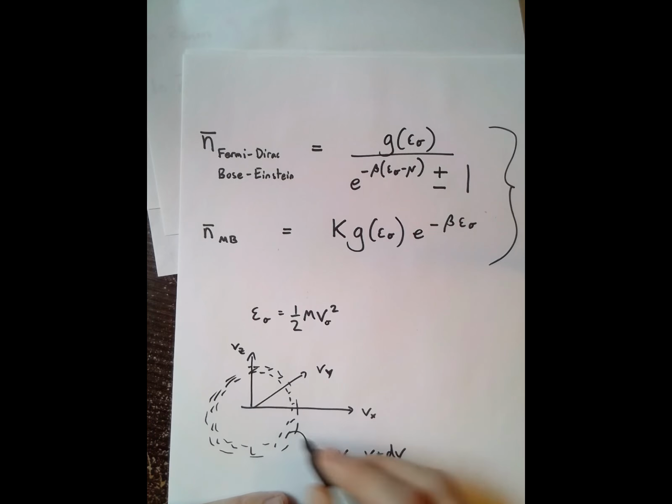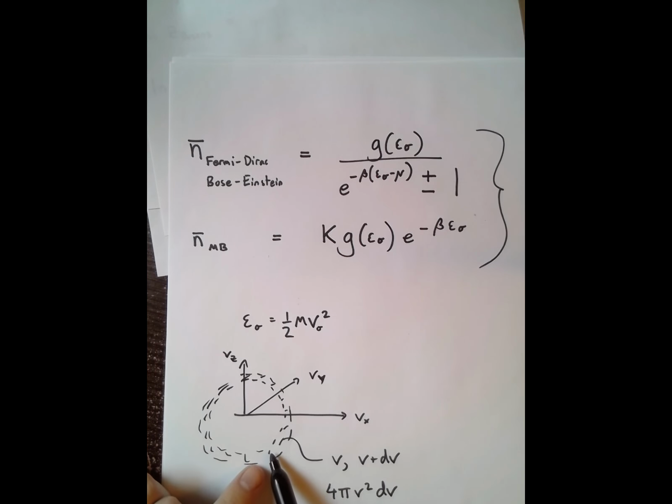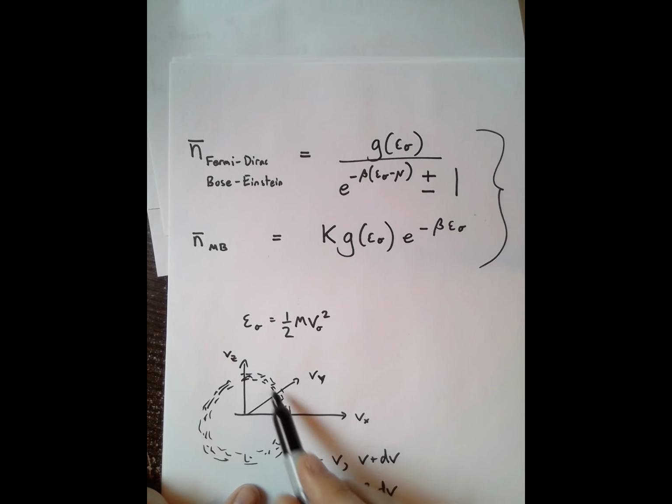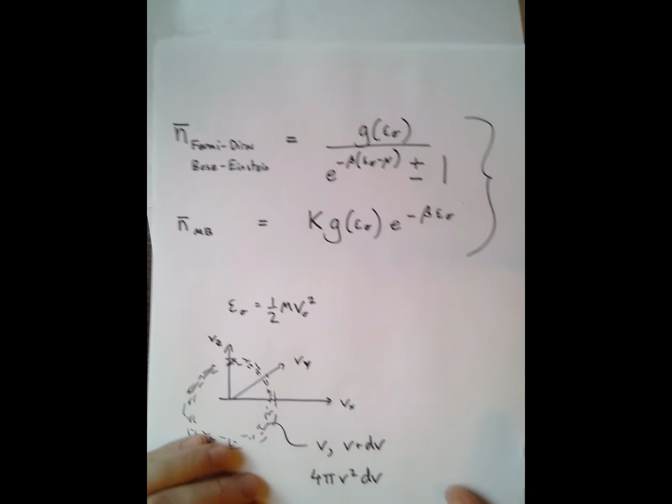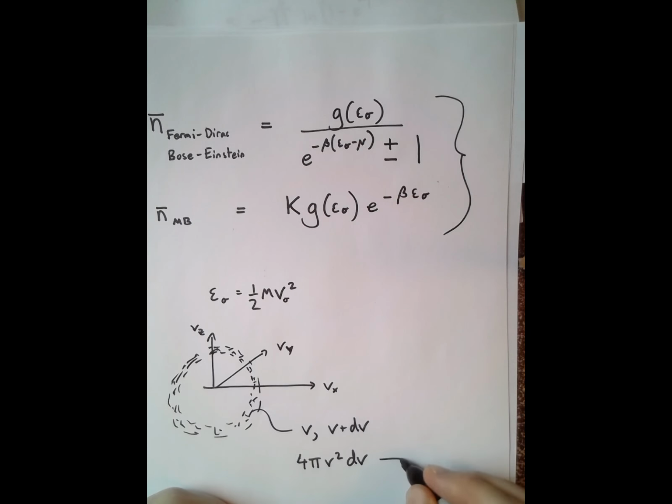And the size of the shell is 4 pi v squared dv. So there's this number of states with this particular velocity lying within the spherical shell in velocity space. So this thing here is our degeneracy factor, which is now written as a function of v.